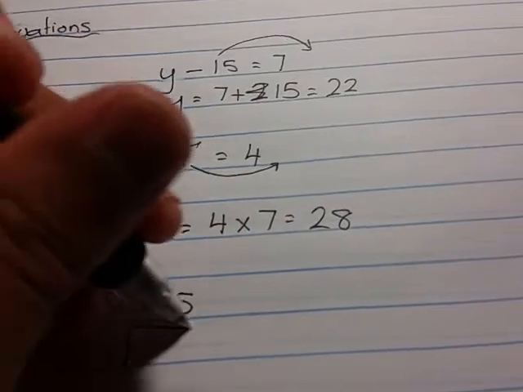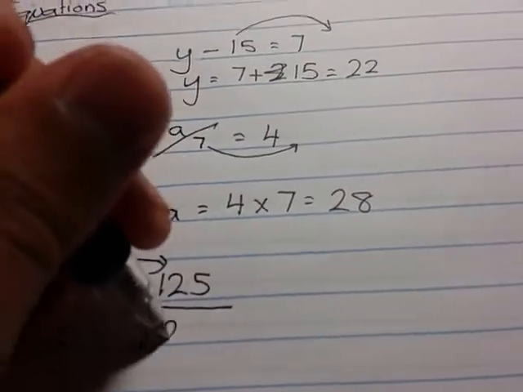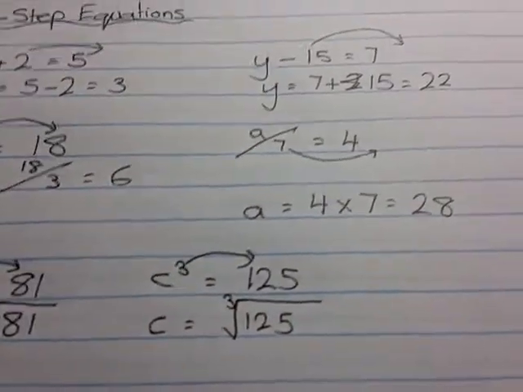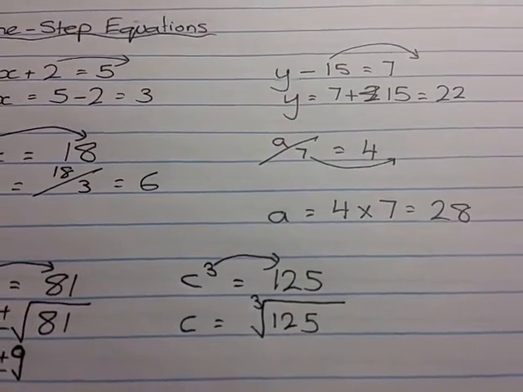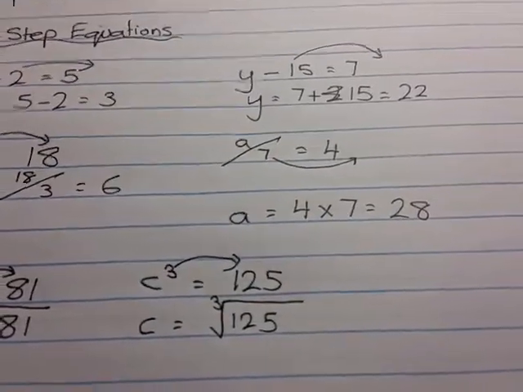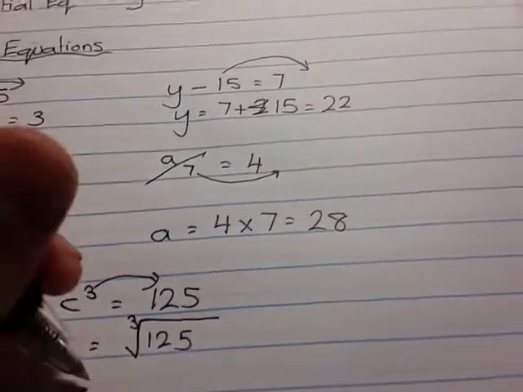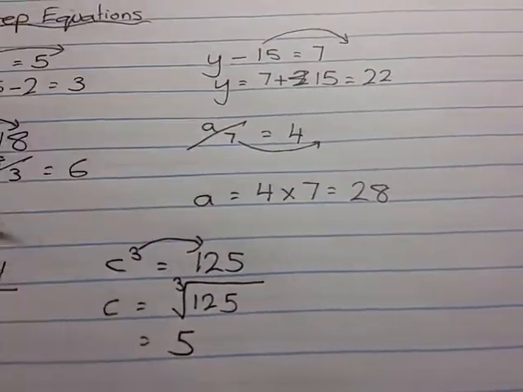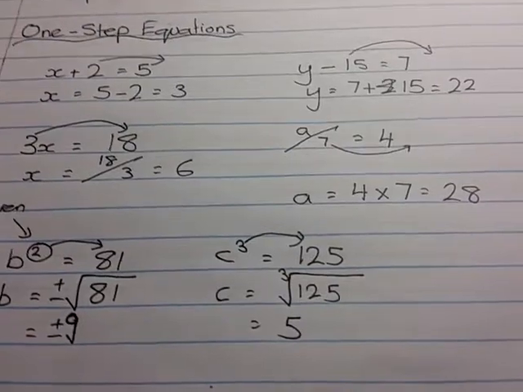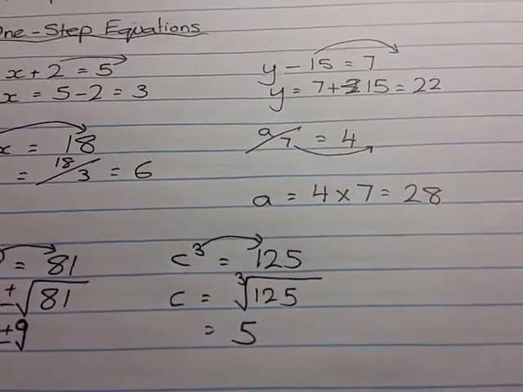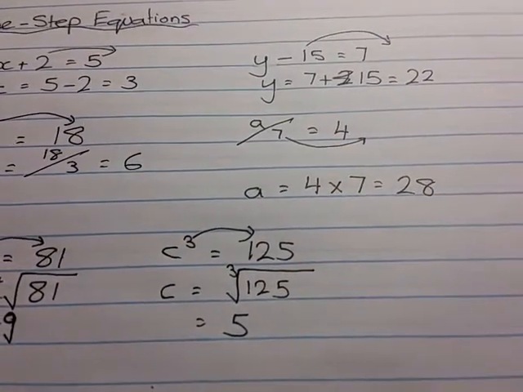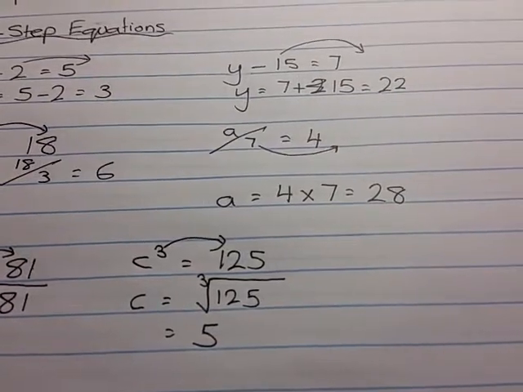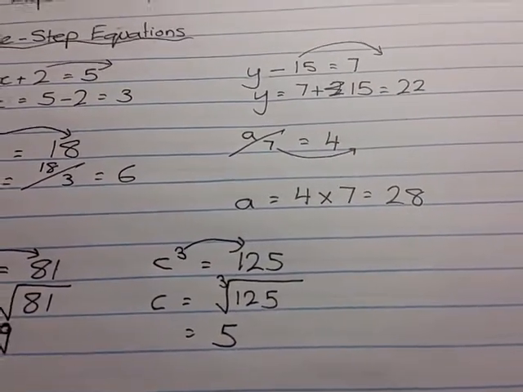So you're finding essentially the cube root of 125. This, you do not put plus minus. Your answer will just be the cube root of 125, which means c equals 5. Because if you do 5 to the power 3, you will get positive 125.